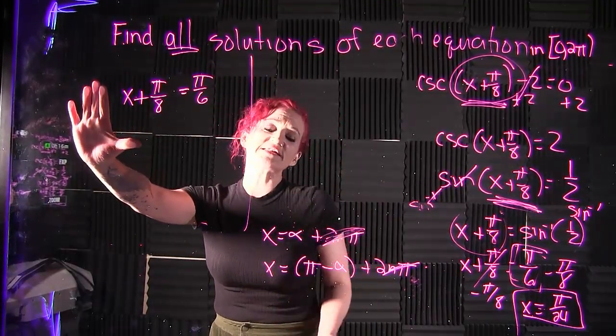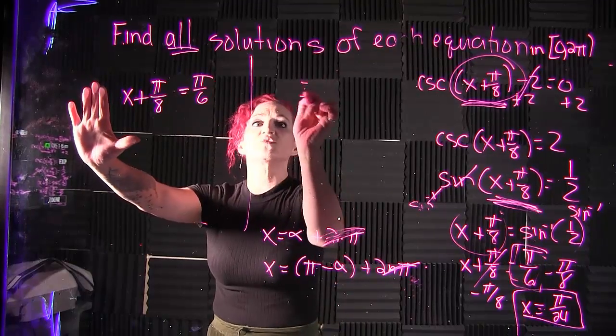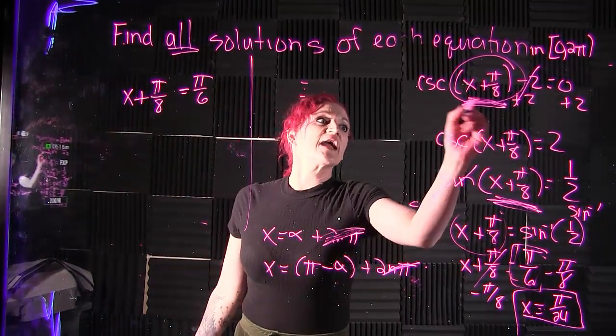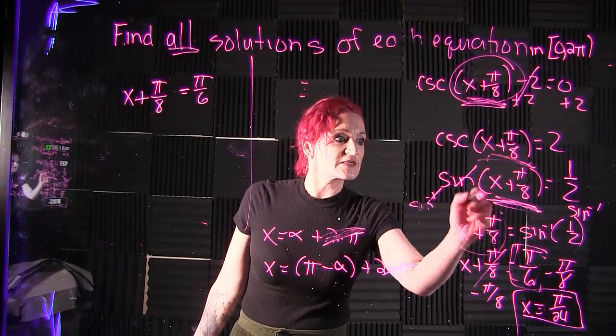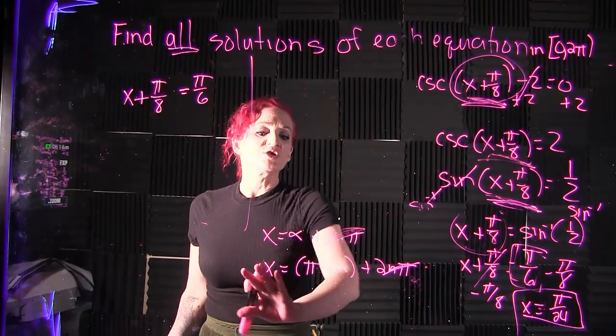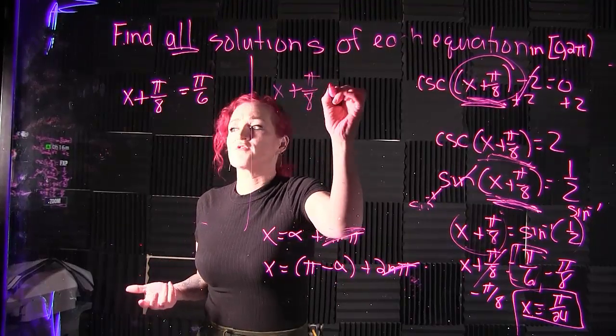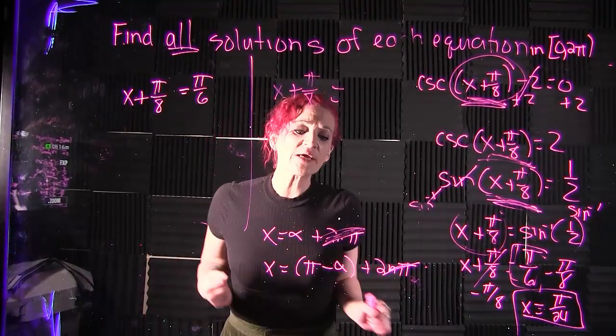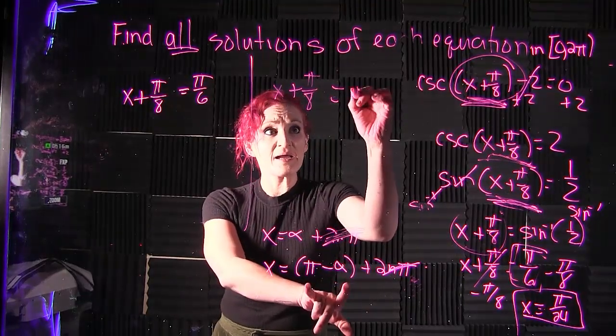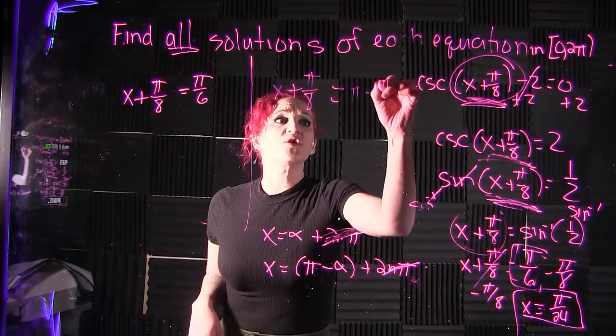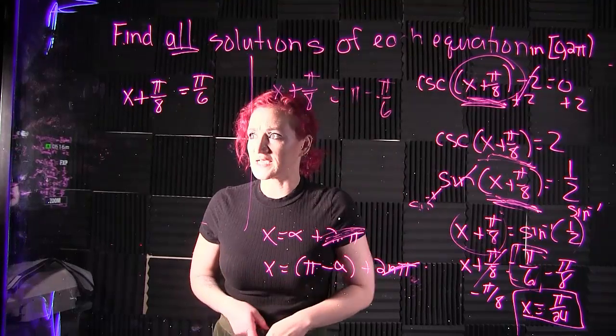For the second piece, our x is the x plus pi over 8, this piece here. So for our second piece, I'm going to write down x plus pi over 8, and that is going to equal pi minus our alpha, which is pi over 6 here.